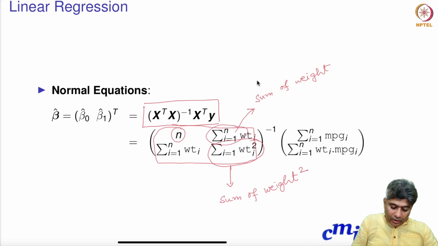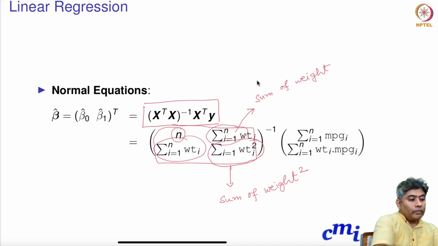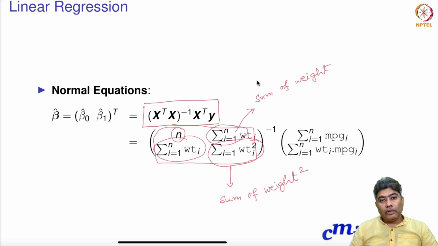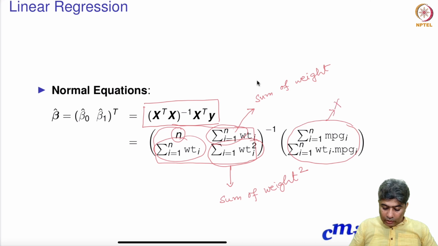This is the same as this one because x transpose x is a symmetric matrix. Now this is our x transpose y, and this is our x transpose x inverse.